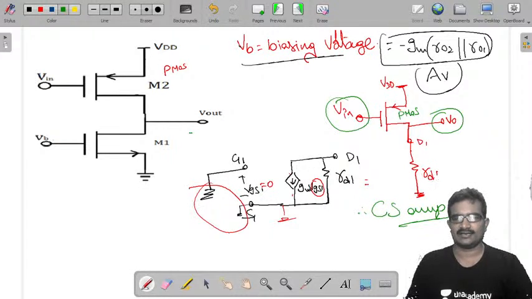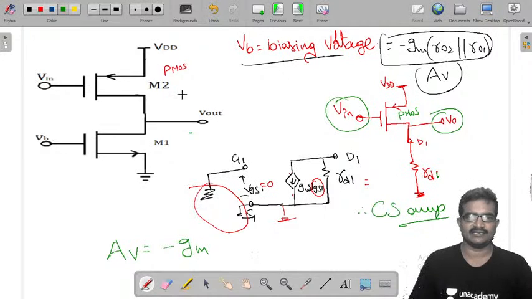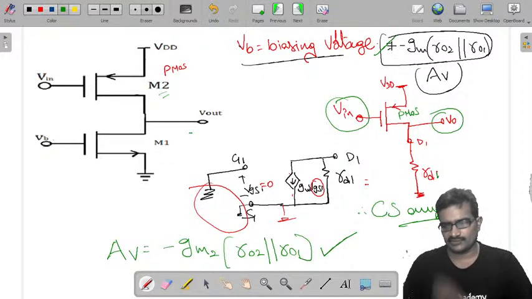Load is D1 load. Therefore its gain is minus GM2 into R02, the output resistance of this, R02 parallel with R01. That's it. This one and this one both are same.